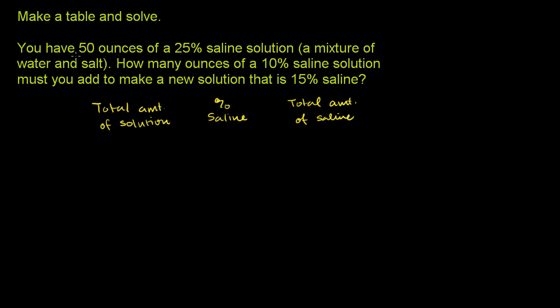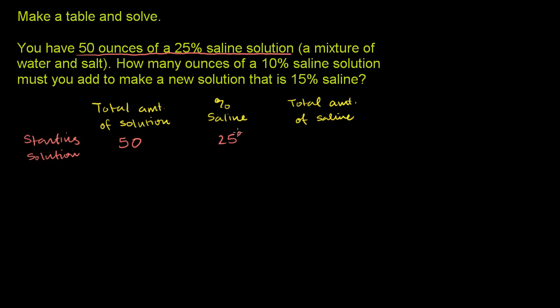We're starting with 50 ounces of a 25% saline solution. So this is what we start with, this starting solution. We have 50 ounces of it, so I'll just write 50. We'll assume everything is in ounces. It is 25% saline.